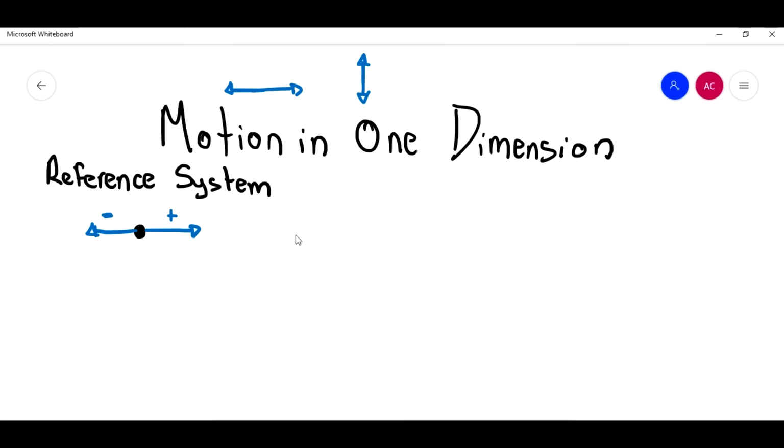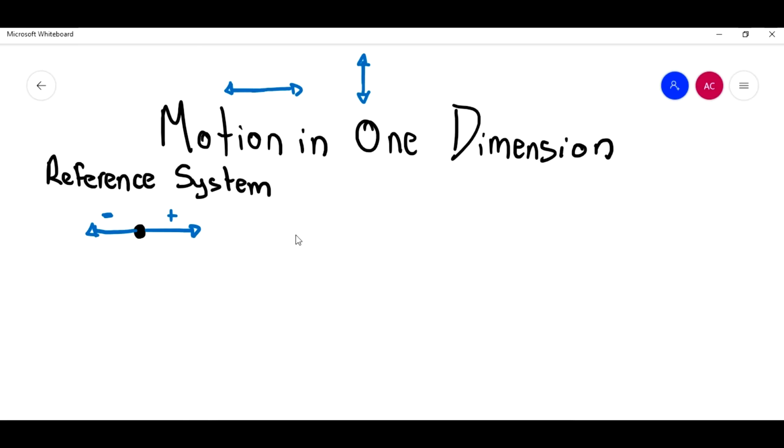Now, the reference point, most of the time, is something that is not going to be moving. All the things in the universe move, but there is something called relative motion. For example, if we are seated, we are not moving with respect to the floor, but of course the earth is moving, it is rotating.